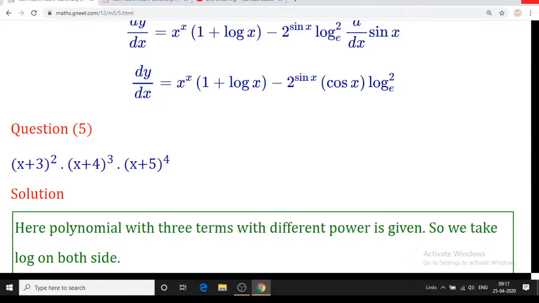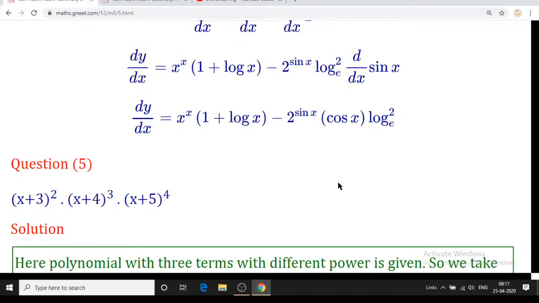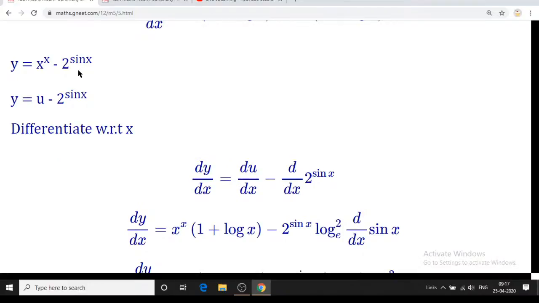Yes Abhishek, you can assume 2 raised to sin x as v and simplify. But when you simplify, you don't require to go, or we can go with the log also. No doubt, we can consider that as another variable v. That is the first sum you are talking about, that is 2 raised to sin x. Just as I assumed u for the first, you can assume v for the second.